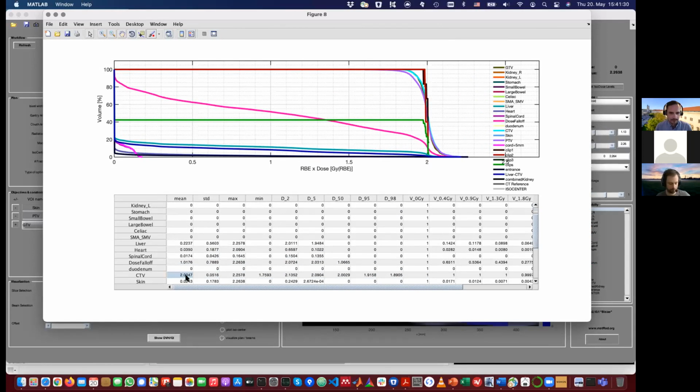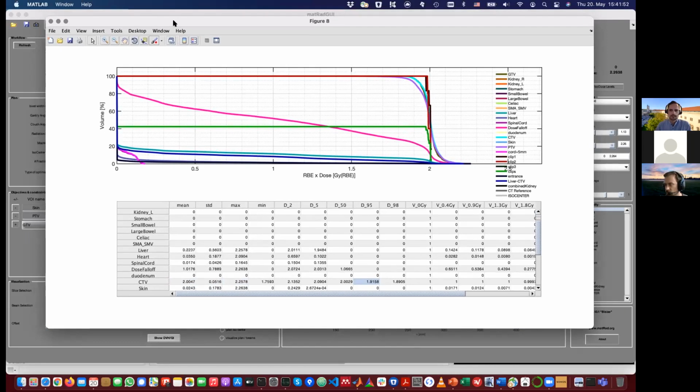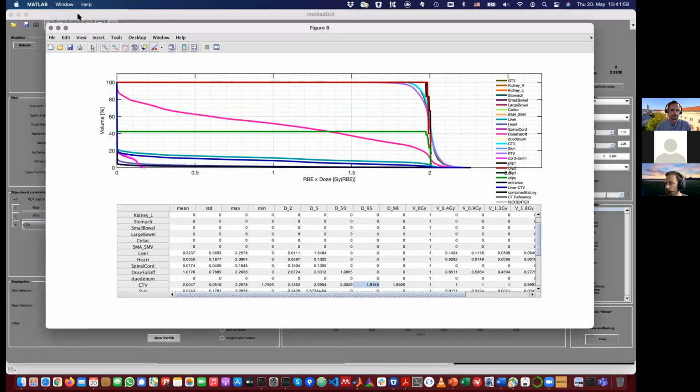I have a mean dose of 2 gray, rather low standard deviation. The maximum dose is 2.25 gray, and D95 is 1.91 gray. I'll note that down and keep that in mind. But I will also leave this window open. And also feel free to save this image as a screenshot to upload later.